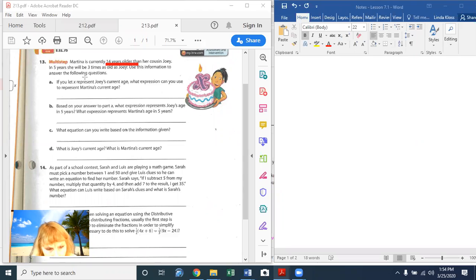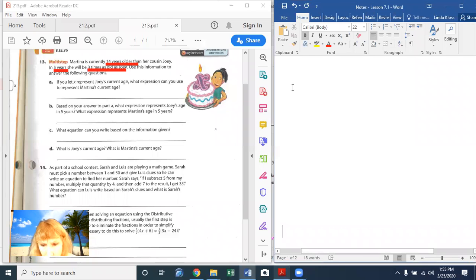In 5 years, she will be 3 times as old as Joey. Use this information to answer the following questions. If you let X represent Joey's current age, what expression can you use to represent Martina's current age?